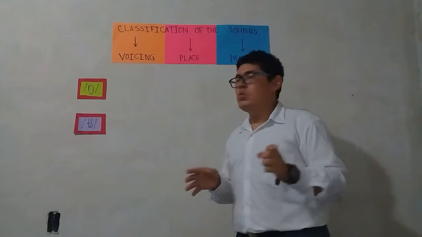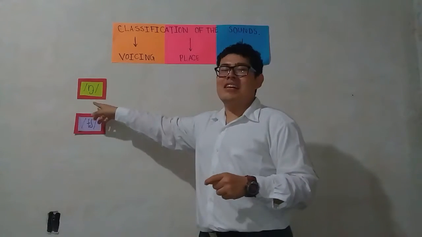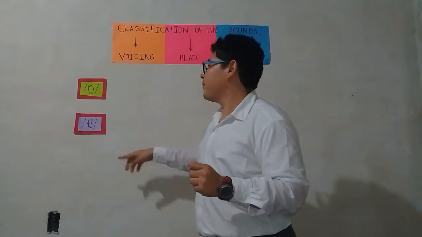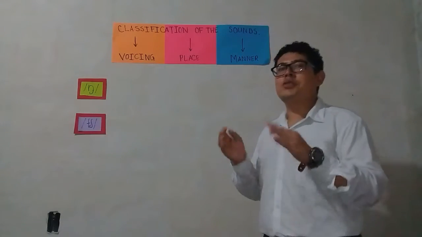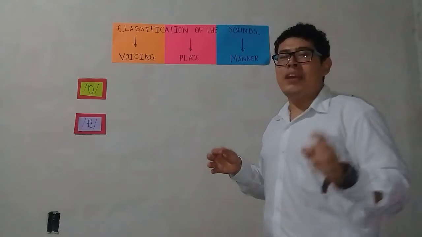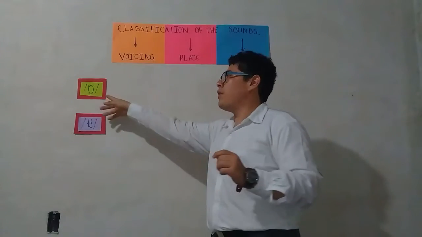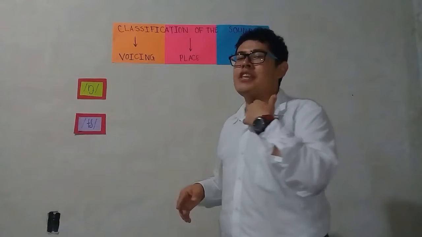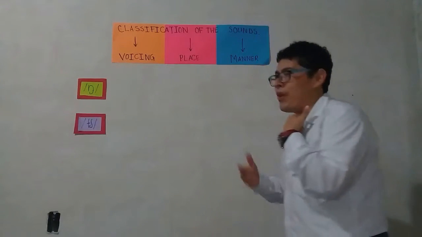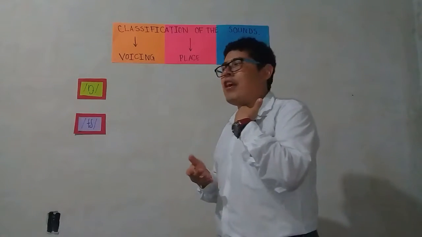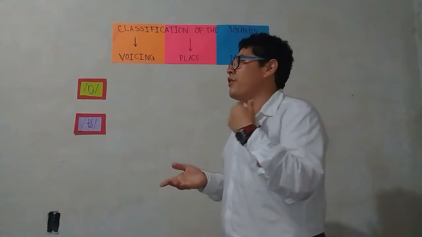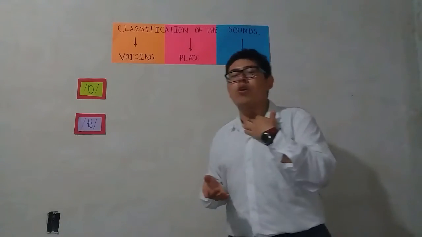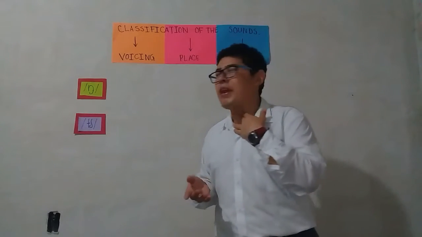Now we have two symbols, the symbol of ng and the symbol of ch. And now we are going to classify these symbols. We can notice that if we produce the sound of ng and we put our fingers on our Adam's apple, or where your Adam's apple is supposed to be if you're a woman, you can feel whether the vocal cords vibrate or not.